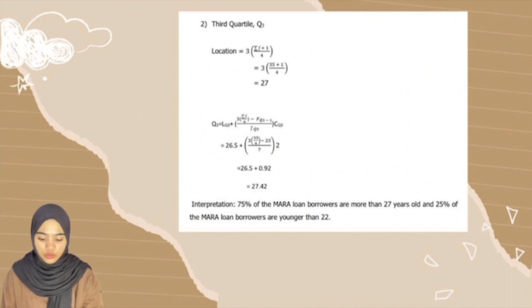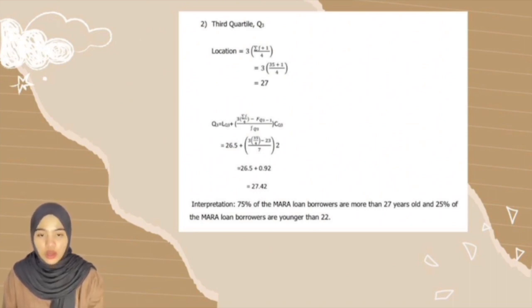And when we look at the group frequency table, we could see that 27 lies between frequency 7 and cumulative frequency 30, which is in class interval 27 to 28. So all of that is considered the third quartile class.